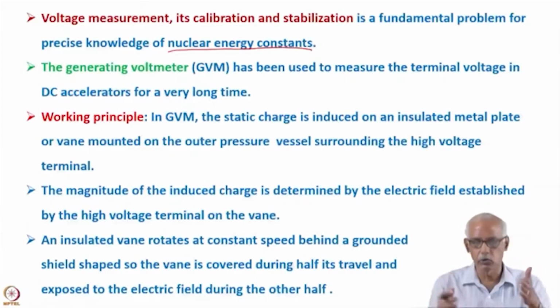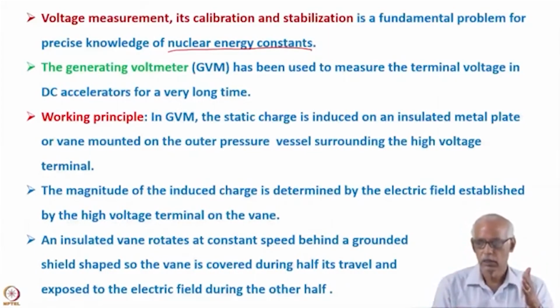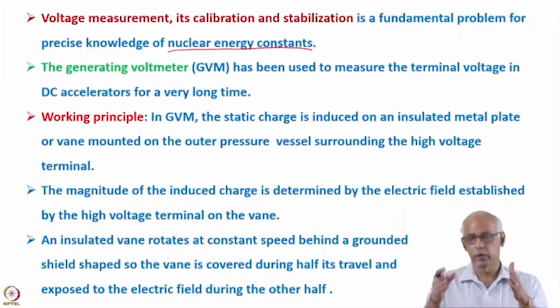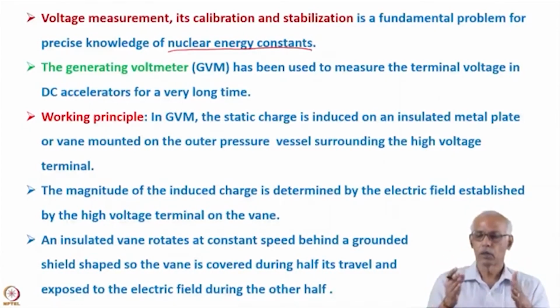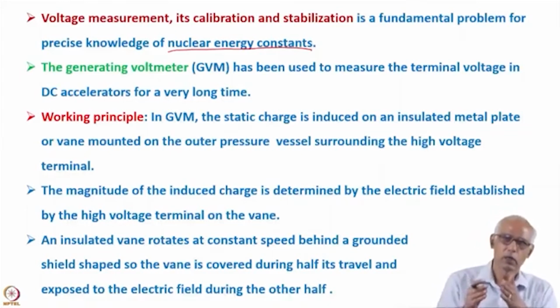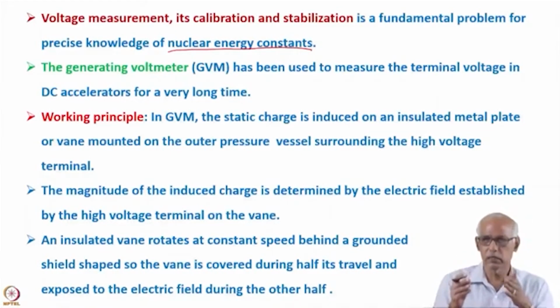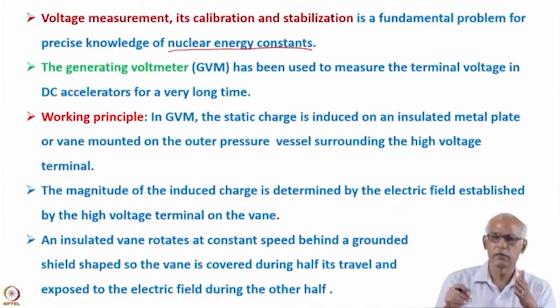The magnitude of this induced charge is determined by the electric field established by the high voltage terminal on the vane. There are several vanes, and the last one is grounded. Just before that it is insulated, and the charge is collected on that and rectified, and we measure the current, and then the voltage is measured through that.